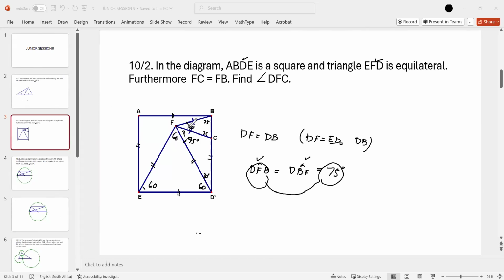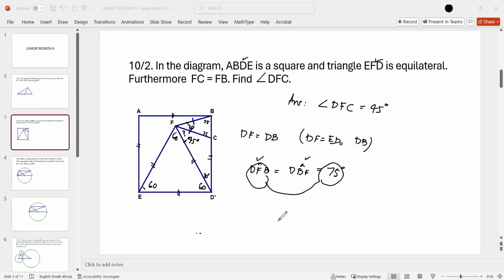Because these two add up to 75, and we just calculated this to be 30. And so we solved the problem because we needed to work out what the question mark is. So answer, the angle DFC, 45 degrees.